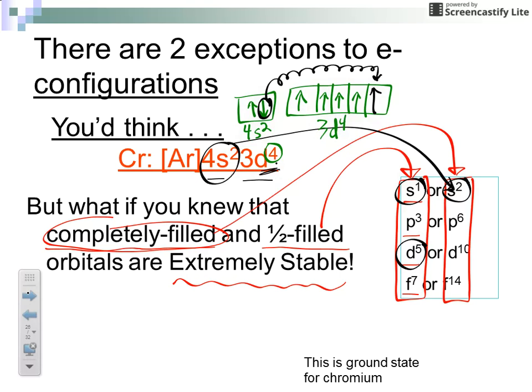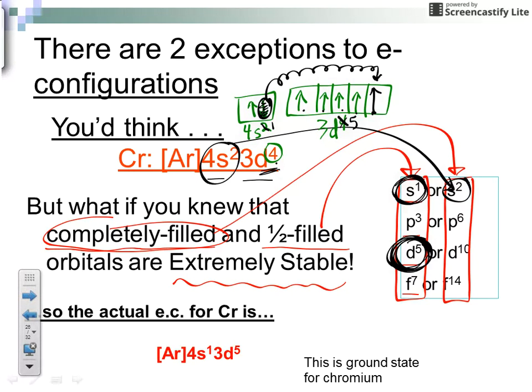That's going to give you 1, 2, 3, 4, 5. So this becomes half filled, which is very stable. And this one becomes half filled because now there's only 1 electron in there, 4s1, which is fine with it too because it's still stable.